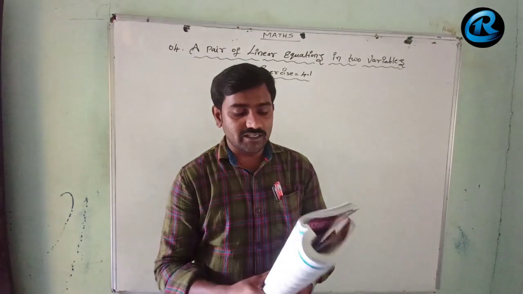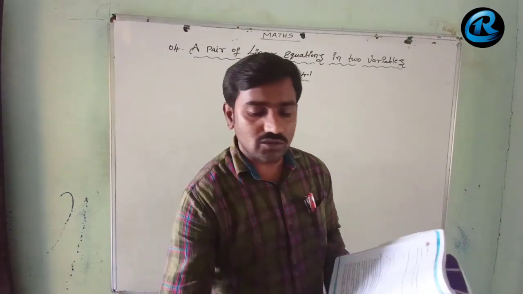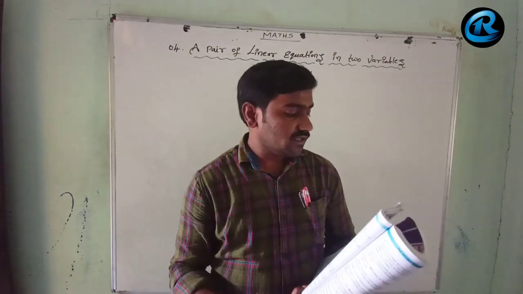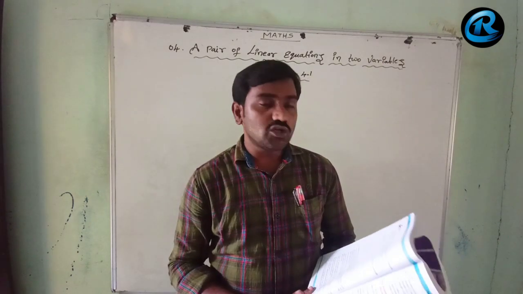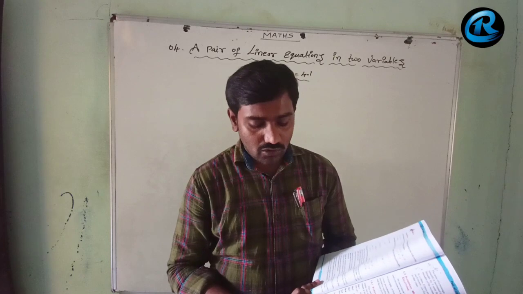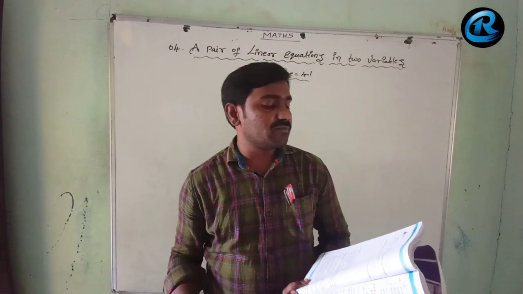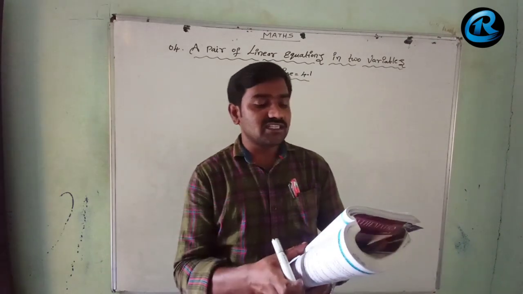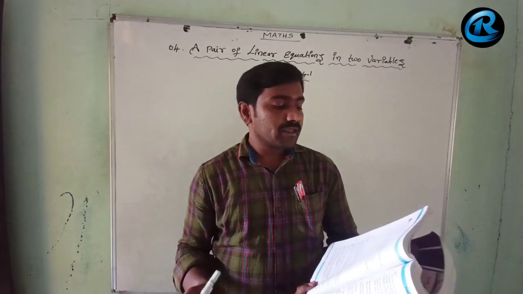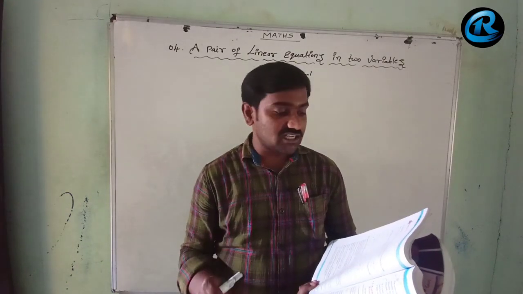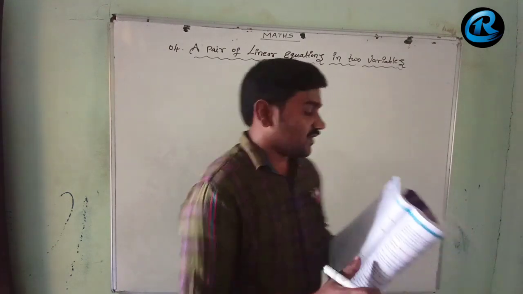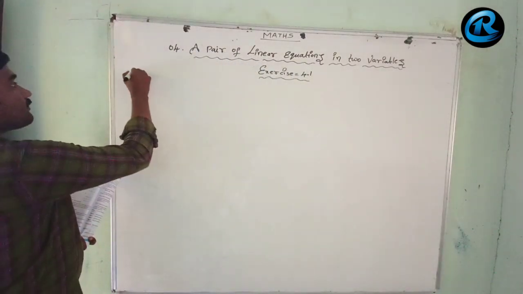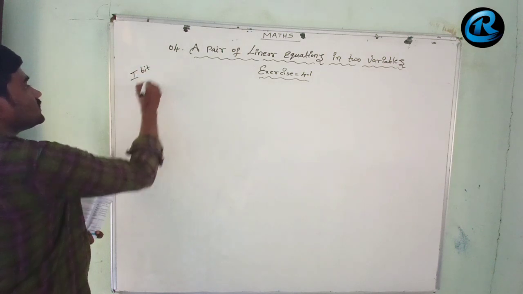Before that, we have the 4.1 exercise first bit. The first bit is not a graph question actually. Let us see what it is. By comparing the ratios of a1 by a2, b1 by b2, c1 by c2, state whether the lines represented by the following pair of linear equations intersect at one point, are parallel or coincident. Here they have given three questions.